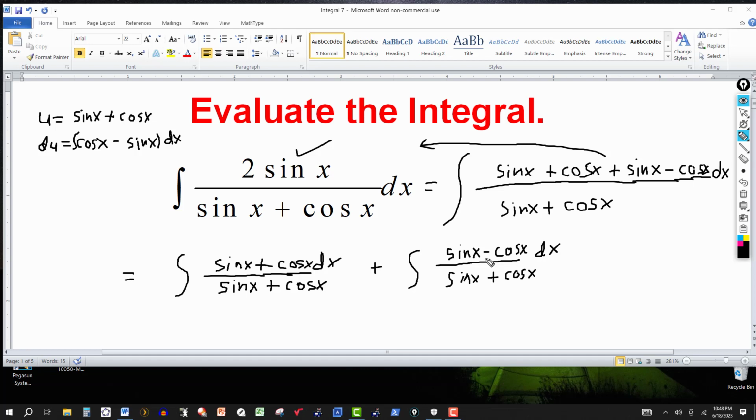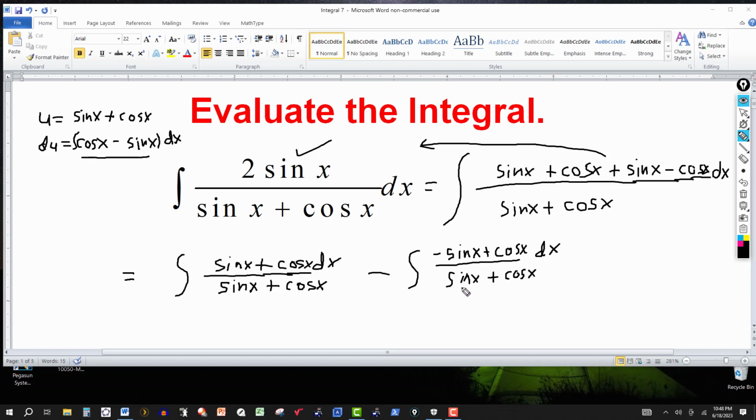I need a positive cosine and a minus sine. So I have a plus right here. So what we do is just factor out a negative. Put this minus out in front. And now what we have to do is change this positive here to a minus and this to a plus. So now this is okay.